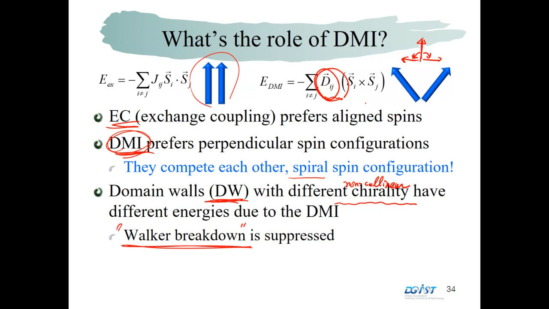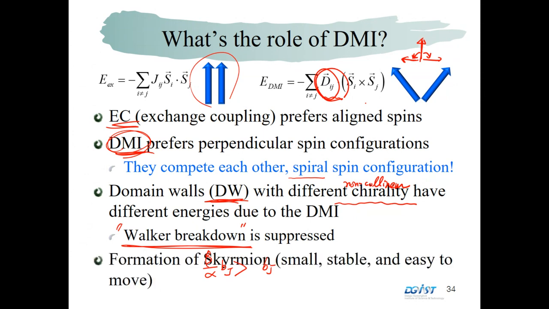Please remember that after the Walker breakdown, the domain velocity is just proportional to the Bj. But before the Walker breakdown, we have this expression, and this can be larger. Okay. Also, because of this DMI, we can make some kind of non-collinear spin structure, and we can form a very important spin structure called the skyrmion. We're going to explain the skyrmion later.